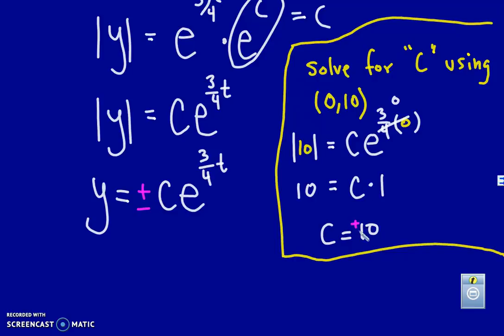C is actually positive 10. Because of this computation, we can take this a step further and say y is not plus or minus c. As a matter of fact, we know for a fact that it is 10. So y is equal to positive 10 e to the 3 over 4t.